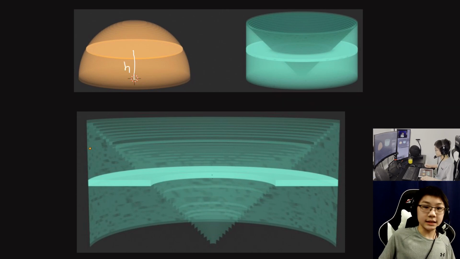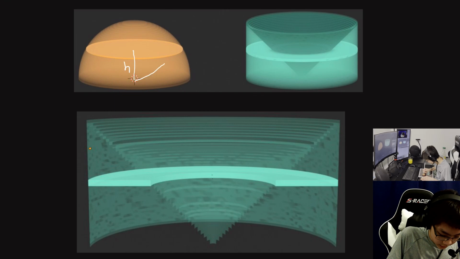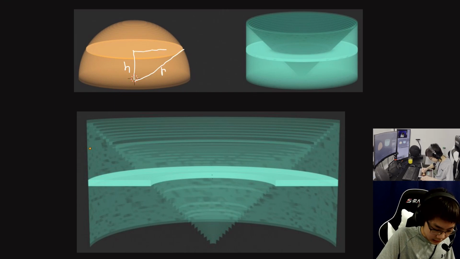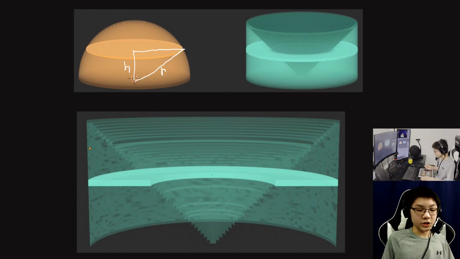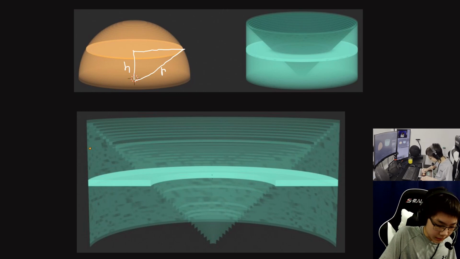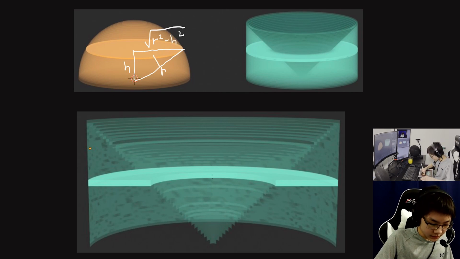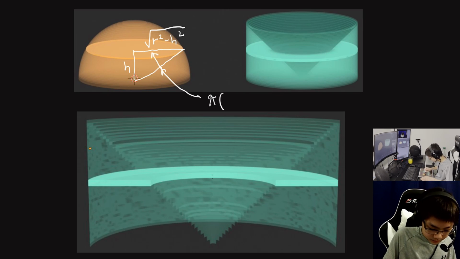The circular slice is from a height of h from the base, and the radius of our hemisphere is r, and therefore this length right here, which is the radius of the circular slice, is just going to be, by Pythagorean theorem, the square root of r squared minus h squared. Now, therefore, the area of the circular slice is going to be pi times (r squared minus h squared).